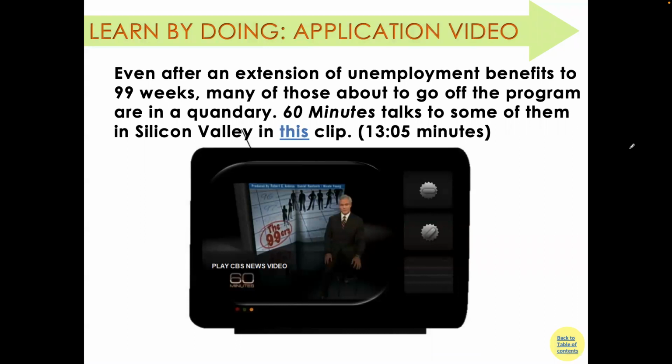So we encourage you to watch this video because we're kind of behind schedule. Essentially in this video, they give us a clear example of an underemployed worker, a marginally attached worker, and a discouraged worker. This is a clear example to show us those three types of worker.